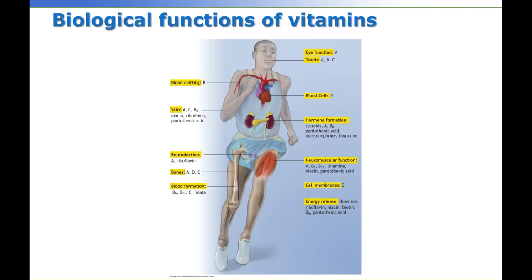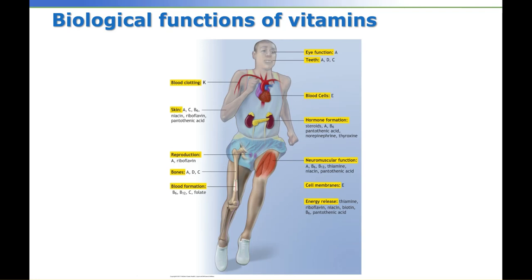So what are some of these biological functions? We have blood clotting, we have potassium. Okay, we have in the skin vitamin A, C, B6. Okay, the skin is benefited by those.